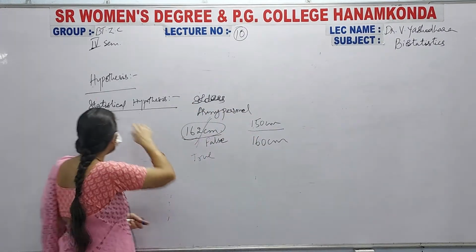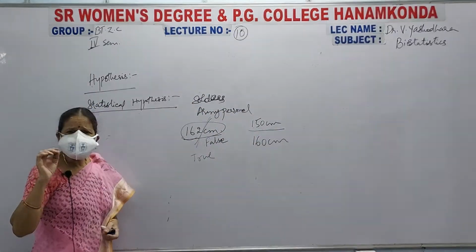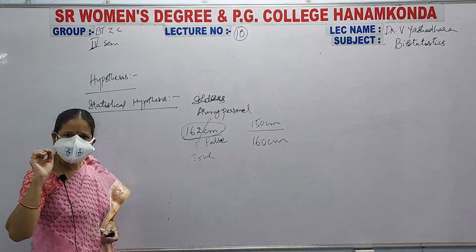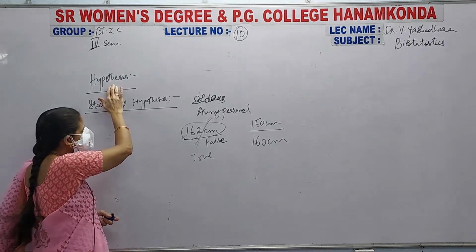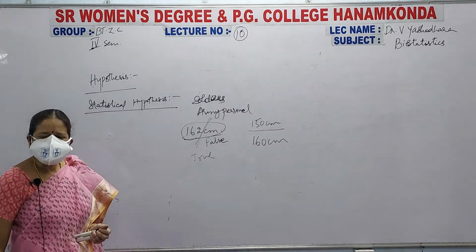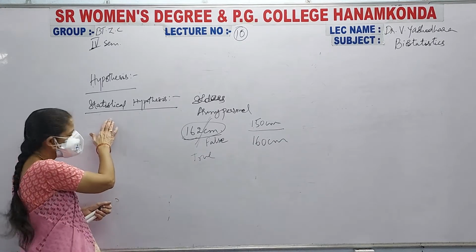Hypothesis ante enti, first let us see what is hypothesis. Any statement given about the characteristics of a population is called hypothesis, and any statement given about the unknown parameter of a population is called statistical hypothesis.